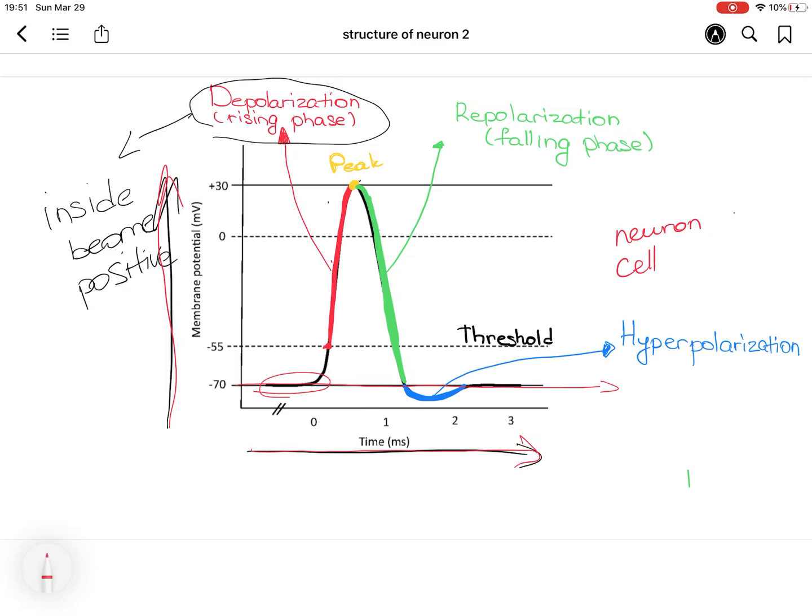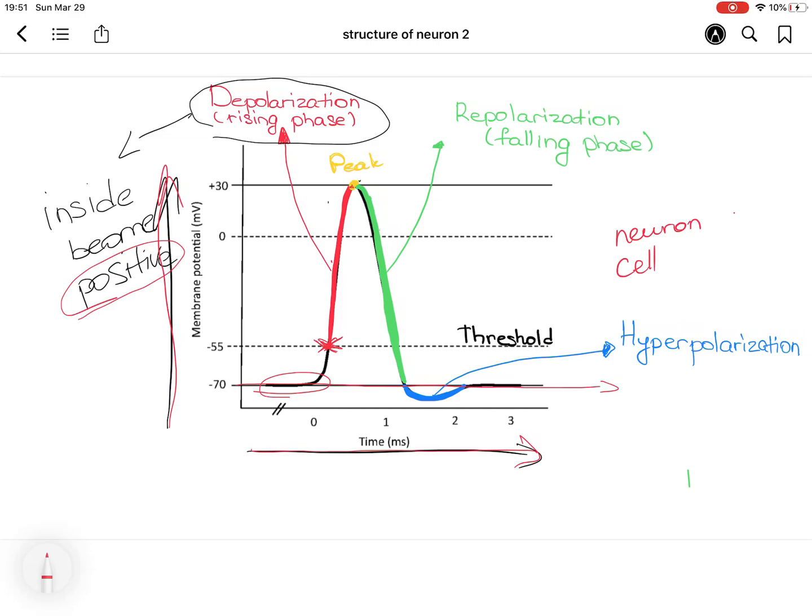This line is the threshold. Threshold means the impulse has to reach this point. If it reaches this point, it becomes depolarization. Depolarization means the sides change. It means the inside of the cell becomes positive and the outside of the cell becomes negative. When it goes to the peak, at plus 30, it becomes repolarization.